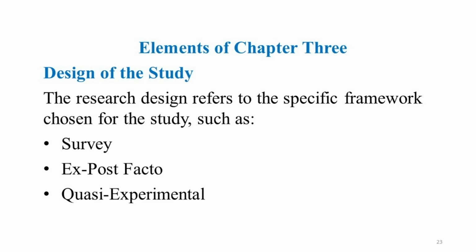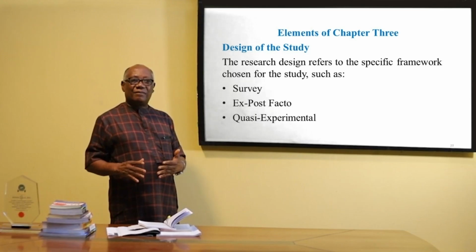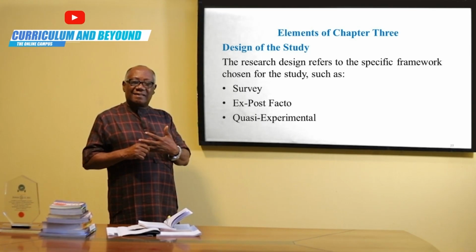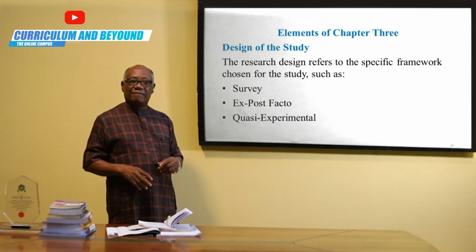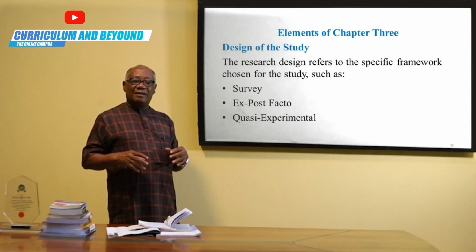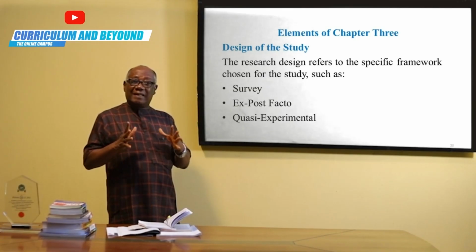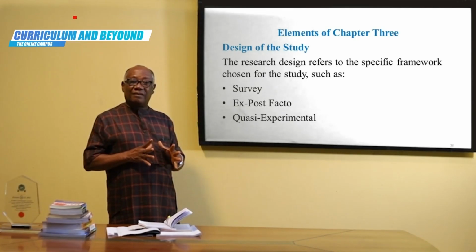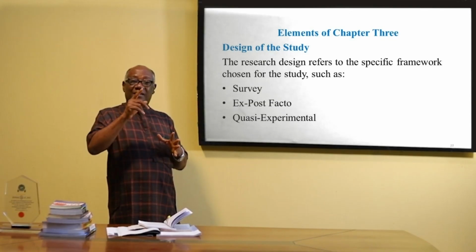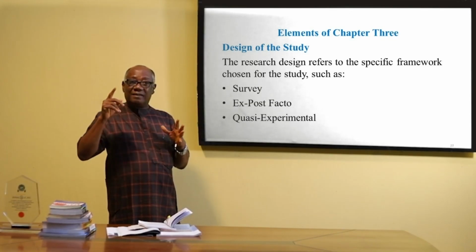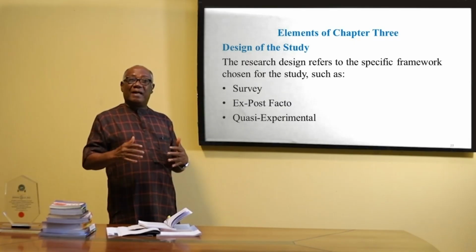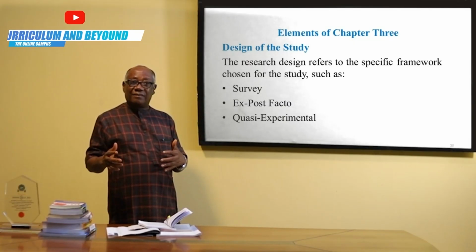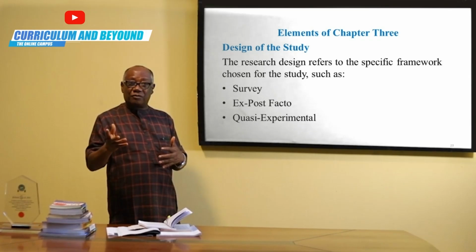The first one is design. Under the design, you tell the readers the kind of design you've adopted for this study. We mentioned some of the designs in our earlier presentation, that they can be survey design, they can be correlational design, they can be ex post facto design, and so on and so forth.